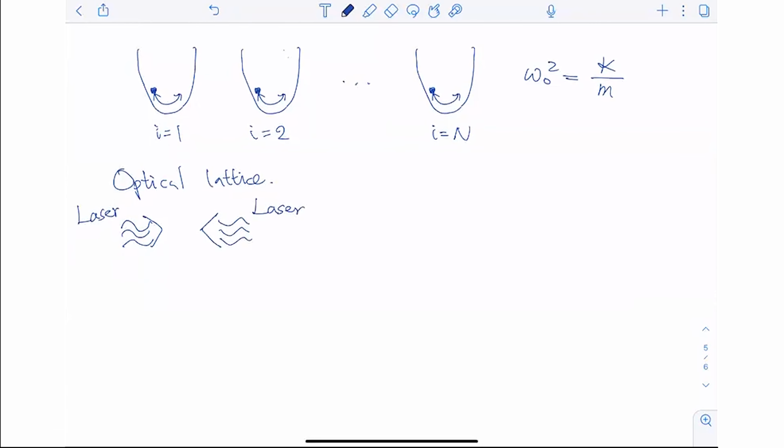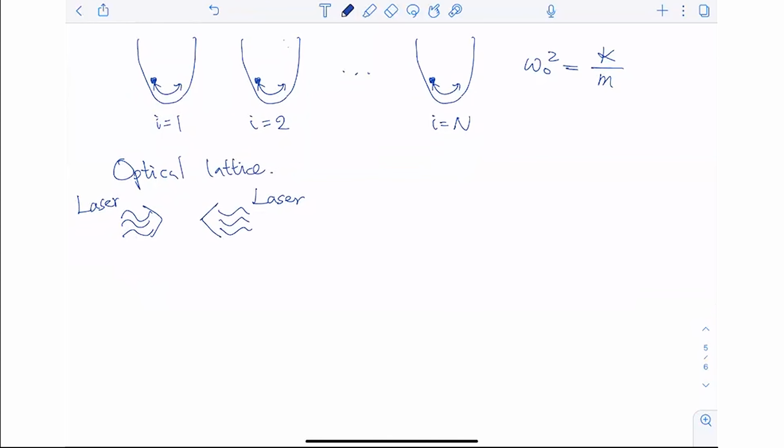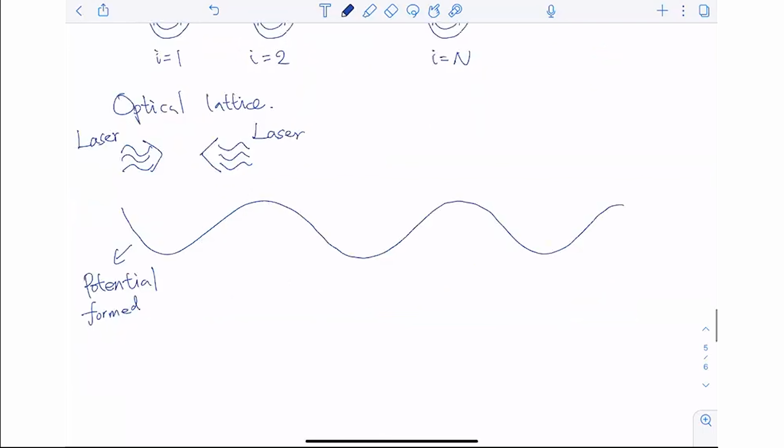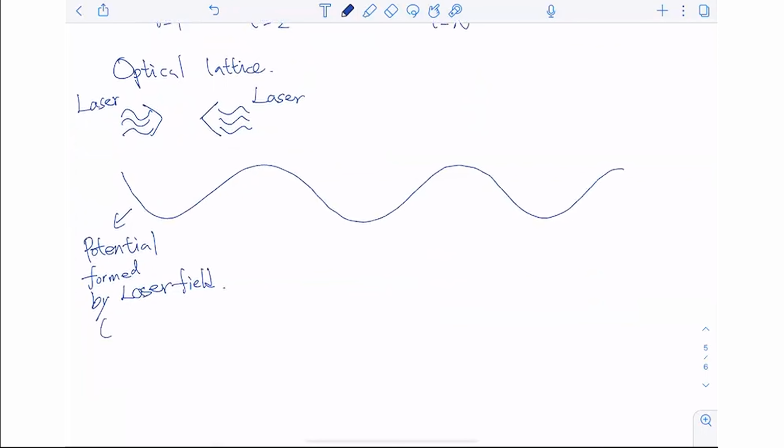Because they are counter-propagating, they will form some kind of standing wave, where effectively this is the electronic potential that's given by this laser field. That's basically the idea of the optical lattice.